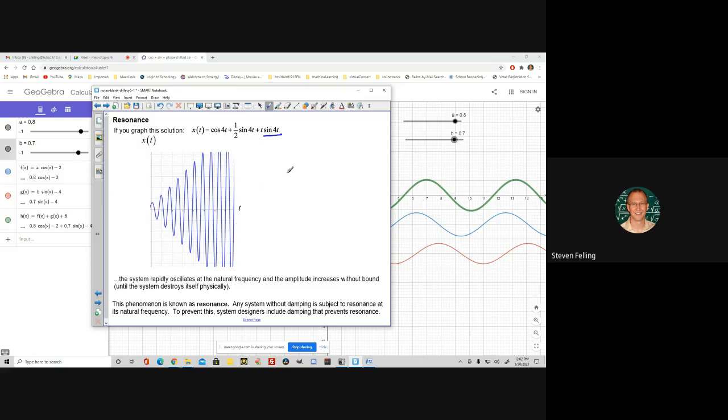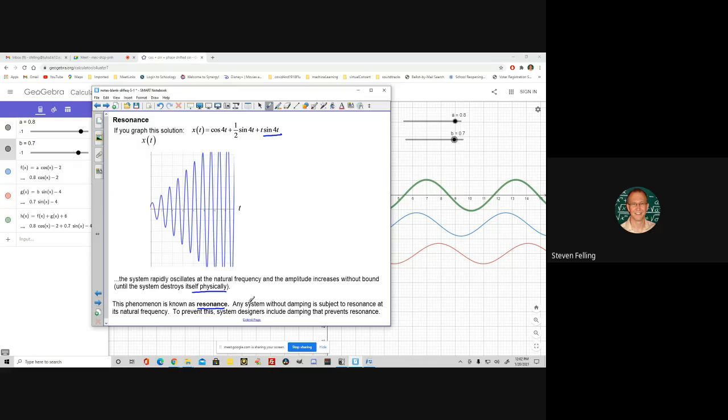In fact, the system amplitude will get larger and larger without bound until the system physically destroys itself. At some point, the spring will deform completely out of shape into a wire and it won't oscillate anymore, or something like that. This kind of phenomenon is called resonance, which happens whenever you try to drive a system at or near its natural frequency.